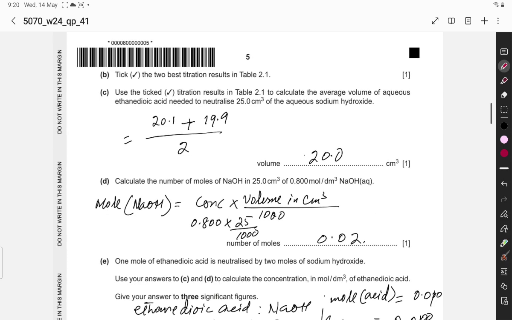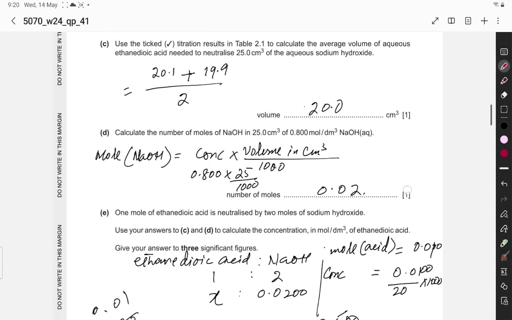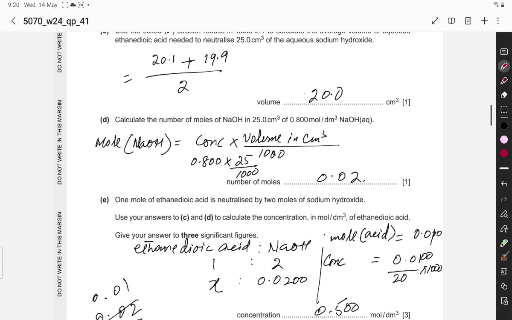Part B is to take the 2 best titration results in table 2.1. Now C: use the best titration results in table 2.1 to calculate the average volume of aqueous ethanedioic acid needed to neutralize 25 cm³ of aqueous sodium hydroxide. 20.1 plus 19.9 divided by 2, so the answer is 20.0 cm³.